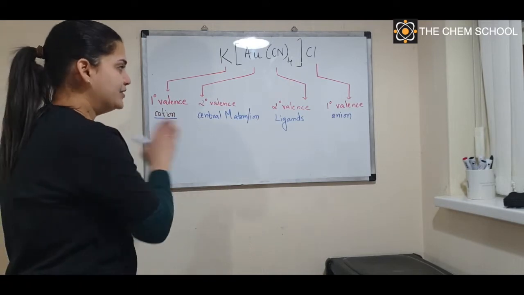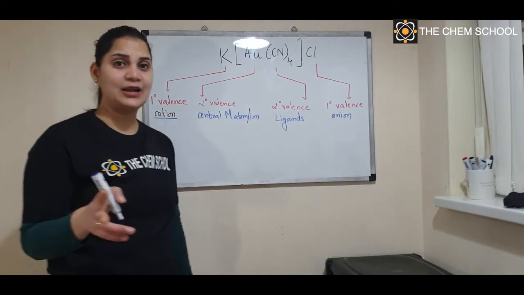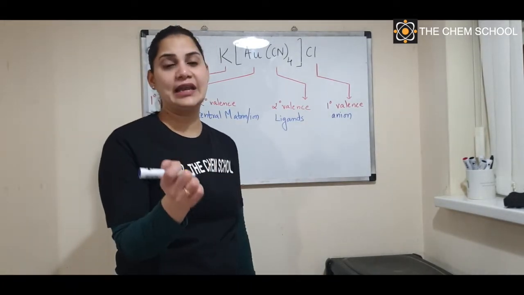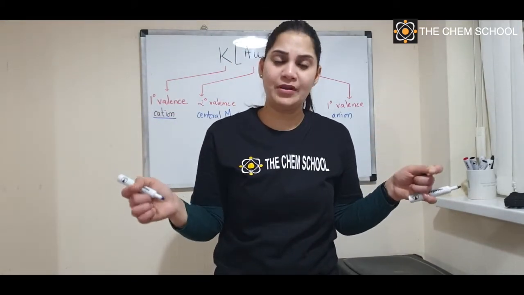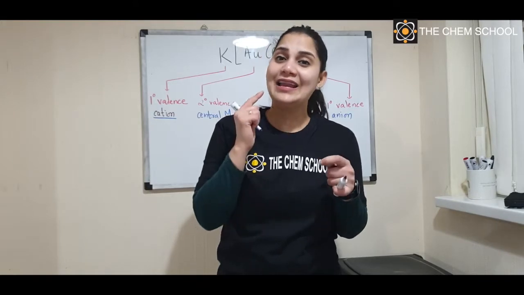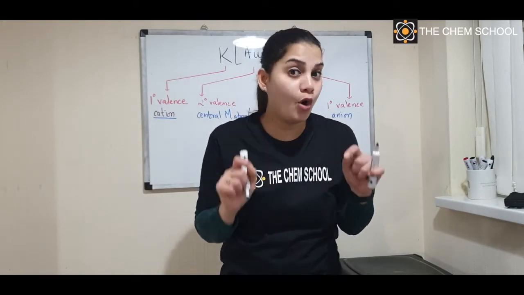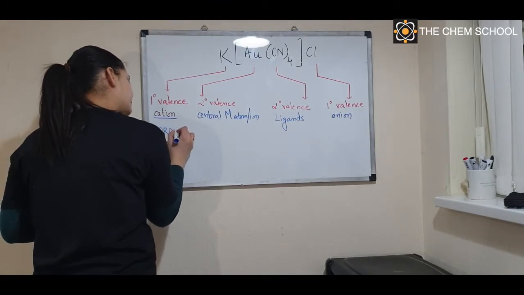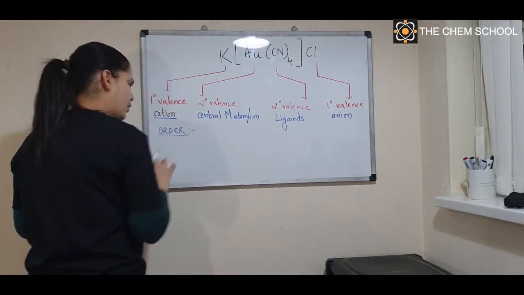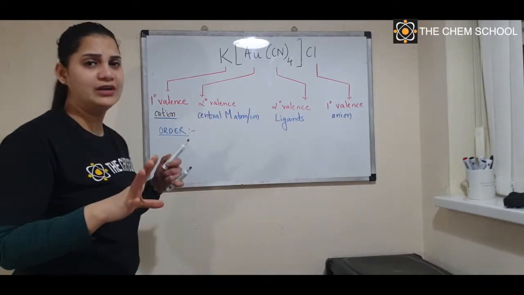Now once you know this, the second thing that you should know is the sequence of writing down the IUPAC name. Once you know what is your primary valence and what is your secondary valence, now let's find out the order. In this complex, we will decide the order.